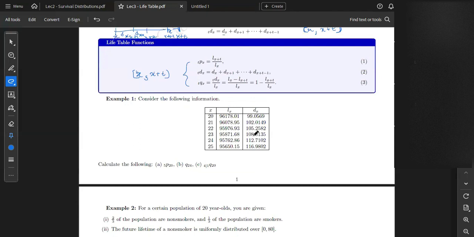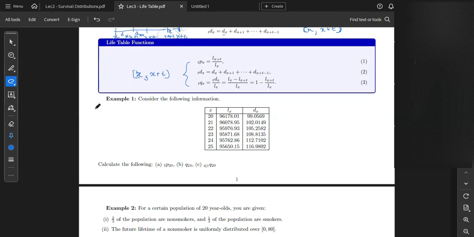We just need to stick to the definitions of these probabilities and calculate the values, because after we build the life table, we don't rely on the methods used to build it, but we use it to calculate different probabilities as needed.